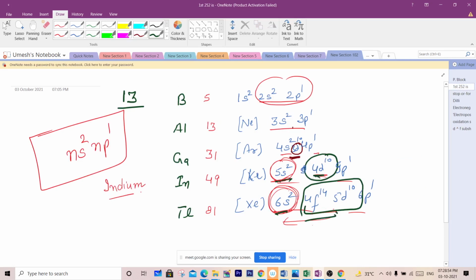Being large and diffused, the nuclear charge can go out and pull the outer electrons inside. They are no more available for making any bond. So these s electrons become inert.